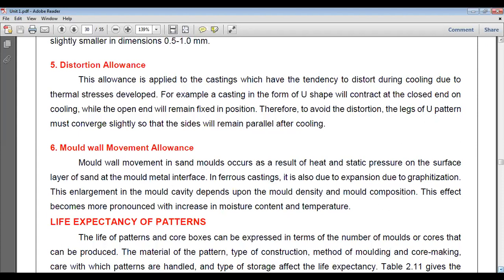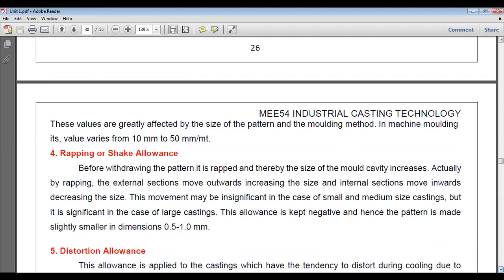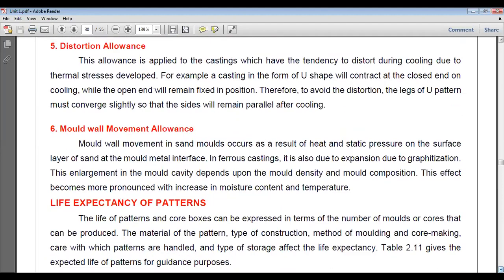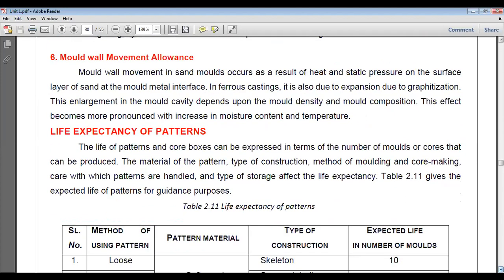At 1600 degrees centigrade, the walls of the mold may get distorted and may collapse. So an additional allowance and additional material is given to the pattern so that the walls are safe. So these were the allowances that are provided to the patterns.